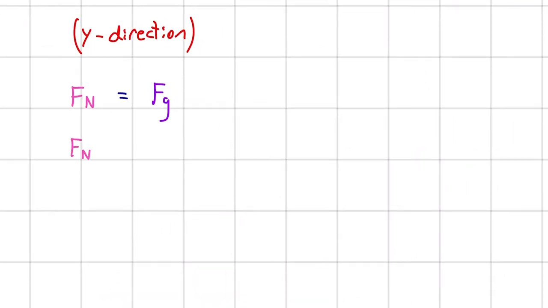Now we want to solve for the normal force. We know that the force of gravity is m times g. Remember the formula, Fg, force of gravity, is equal to the mass times g, and g is 9.81 meters per second squared.